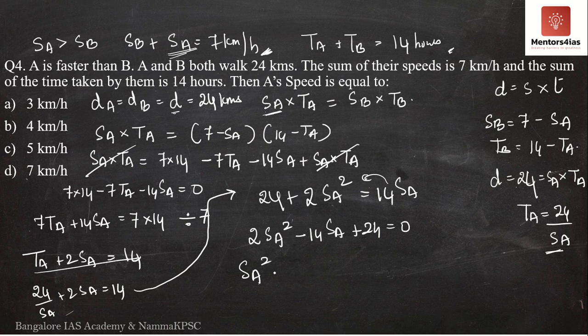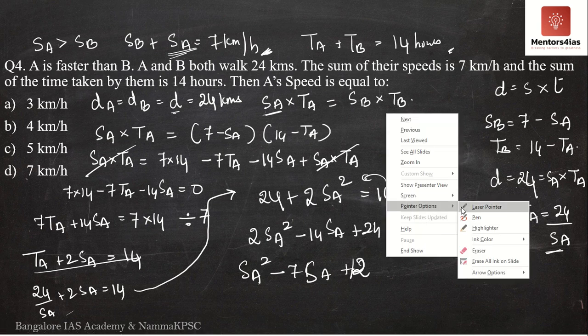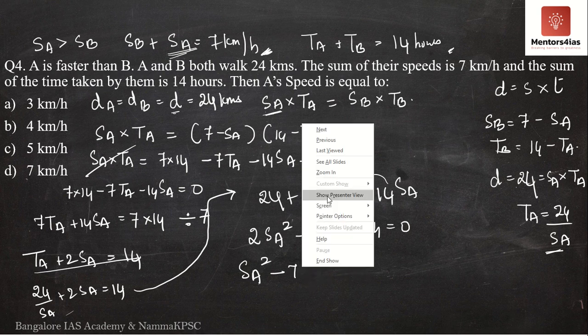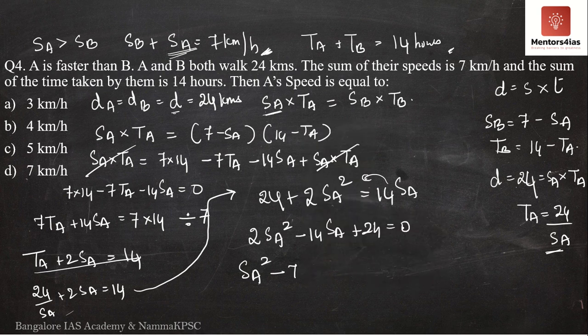I have SA square minus 7SA plus 12. Let me just write it neatly. So we have SA square minus 7SA plus 12 is equal to 0.